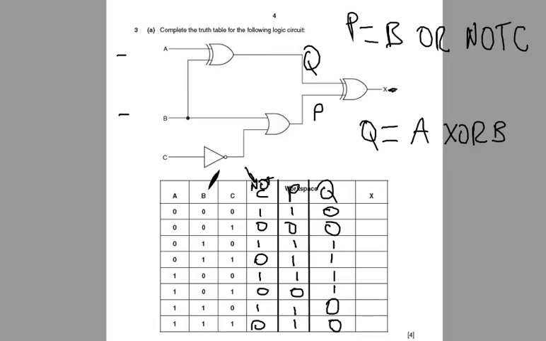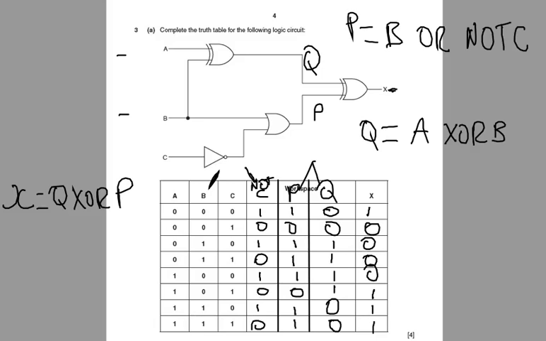Then we can do our final X column here, and we've got P and Q, which are going to be XORed together. So X is finally going to be Q XOR P. We can just take those two columns and XOR them together. We're just looking for them being different for an output of 1. I can see that those 3 are the only 3 that are different, and everything else is the same. It doesn't matter if it's a 0 or a 1. So that's my final answer.